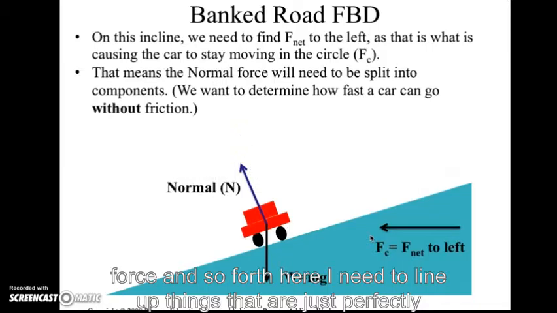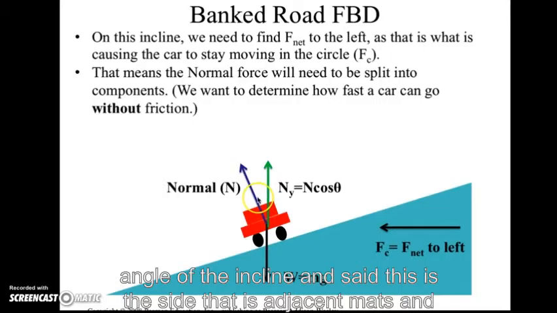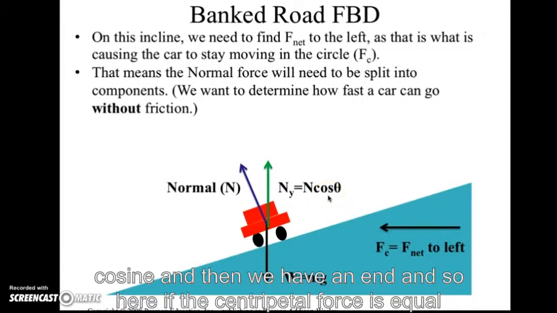And so for here, I need to line up things that are just perfectly vertical and horizontal, which means it's the normal force that needs to be split into components. If I split the normal force into components, this is the angle of the incline, and this is the side that is adjacent, and that's why that's n cosine.